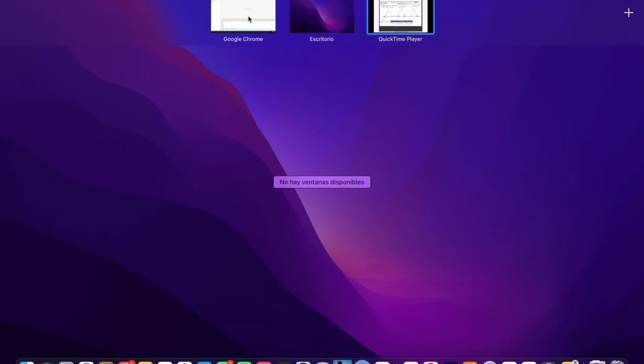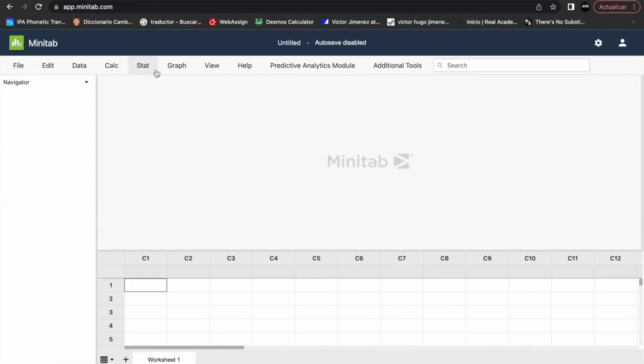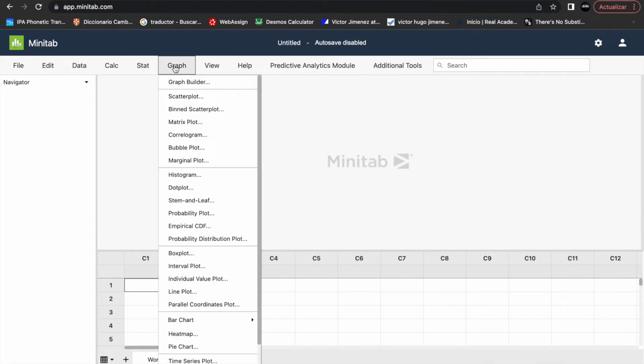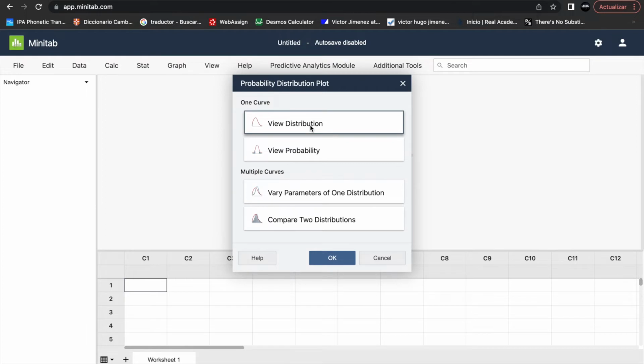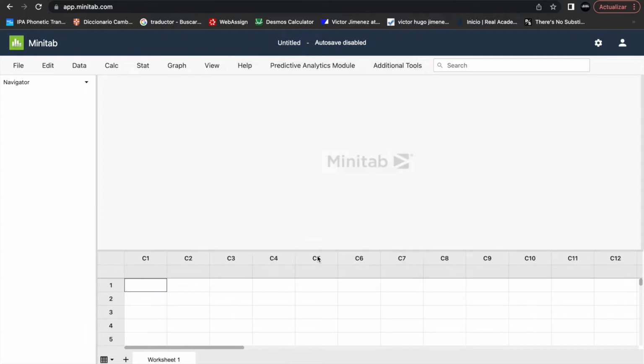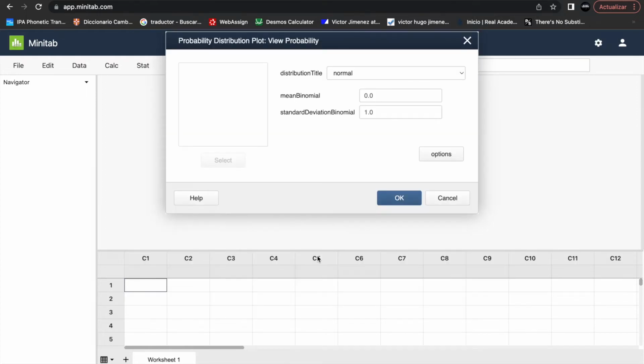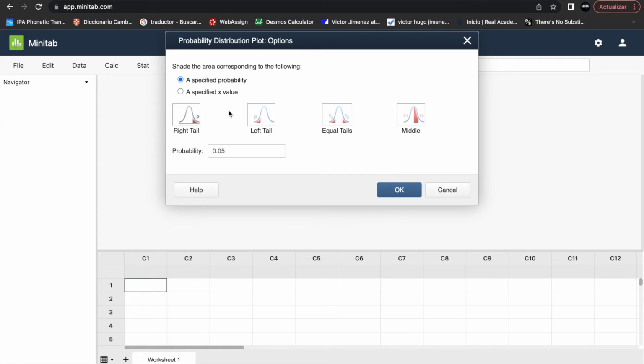Go to Minitab. Go to Graph, Probability Distribution Plot, View Probability. Again, this is something I have done before in other videos. So this is normal. If it is a standard normal, then the mean is 0 and the standard deviation is 1.